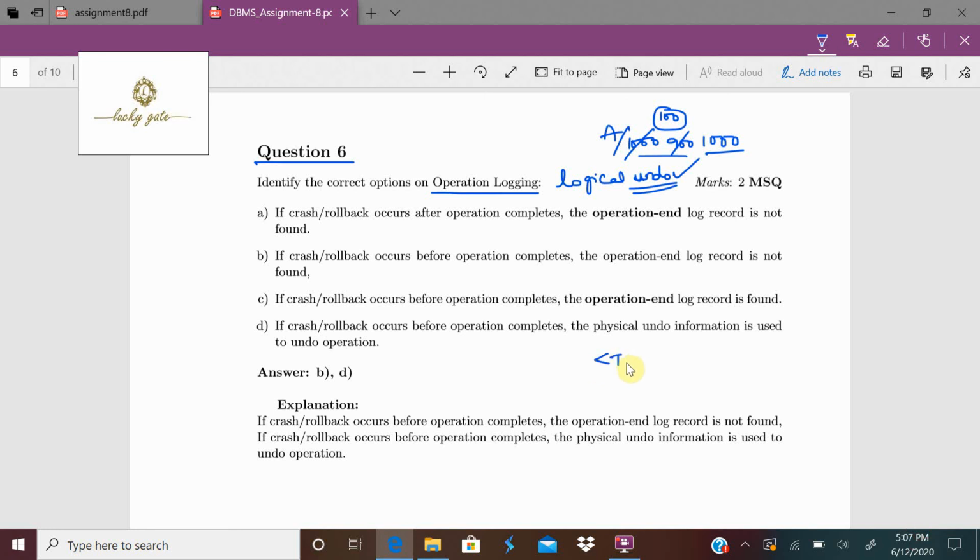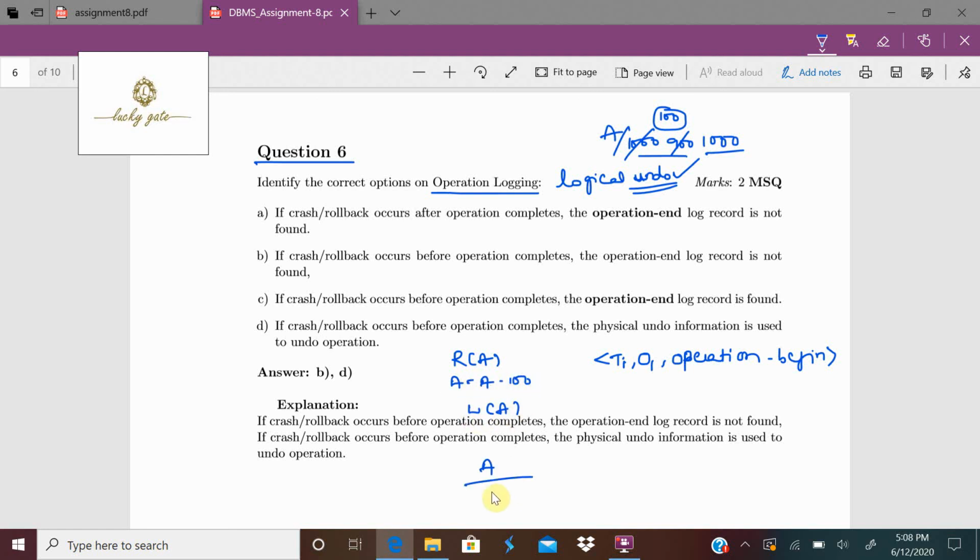The operation log will be of this format, where transaction Ti is performing some operation O1. If the operation begins, it requires entering an operation begin log, and it requires performing a physical log. Here I am giving an example: Read A, A is A minus 100, and perform a write.